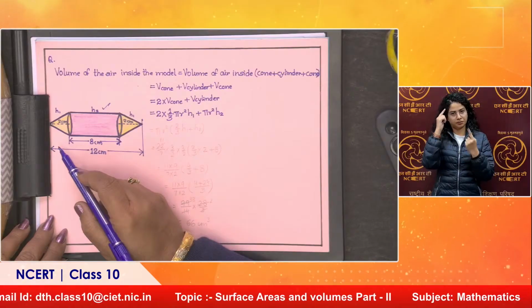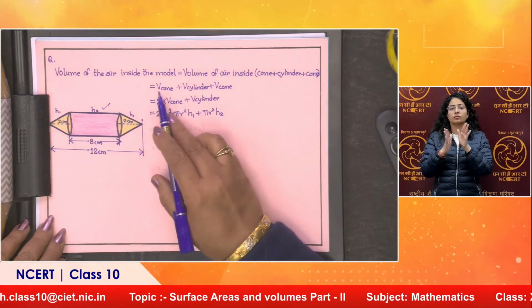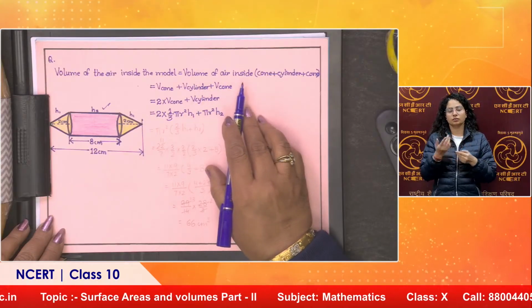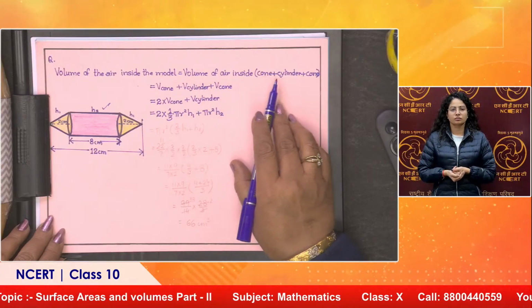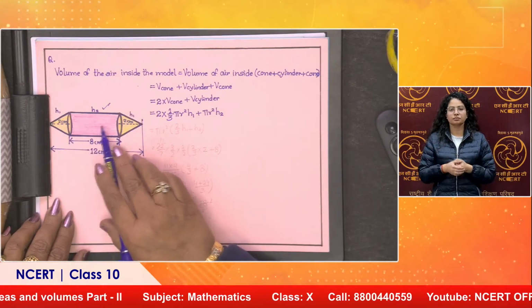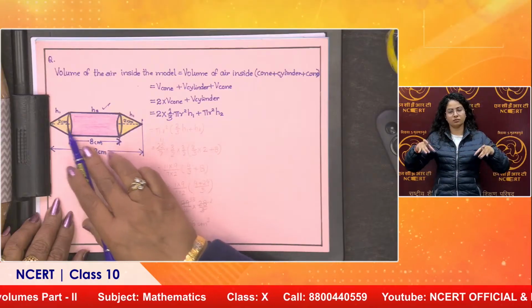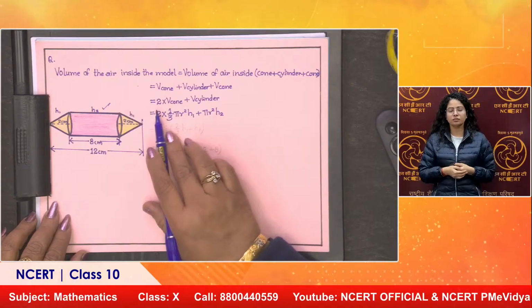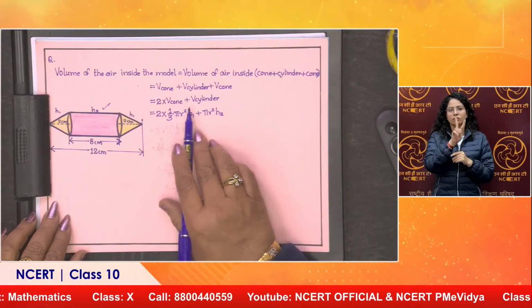Agreed? Okay. Yes, now, to calculate the volume of the air inside the model, I need to calculate the volume of the air inside the cone and cylinder and the other cone, right? Cone, cylinder and cone, and you will notice that these two cones are similar, right? So, I can write down 2 times the volume of cone plus volume of cylinder.